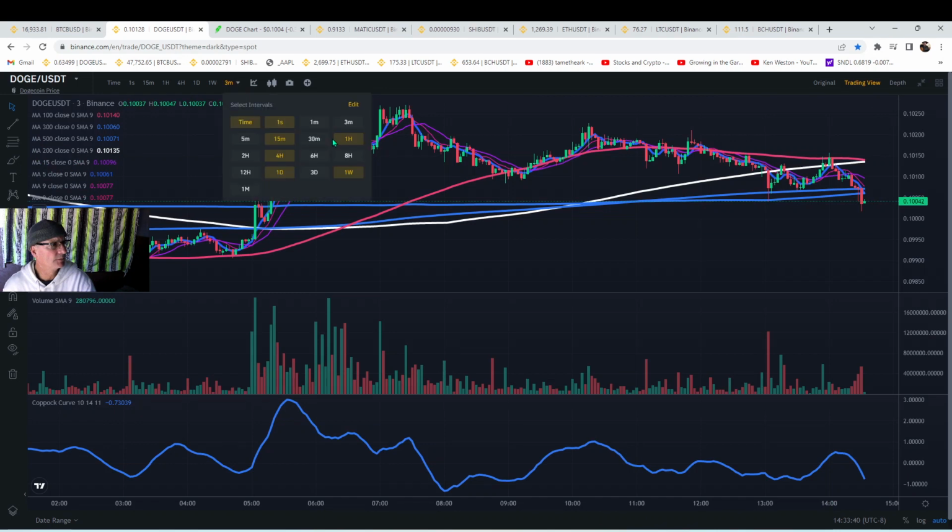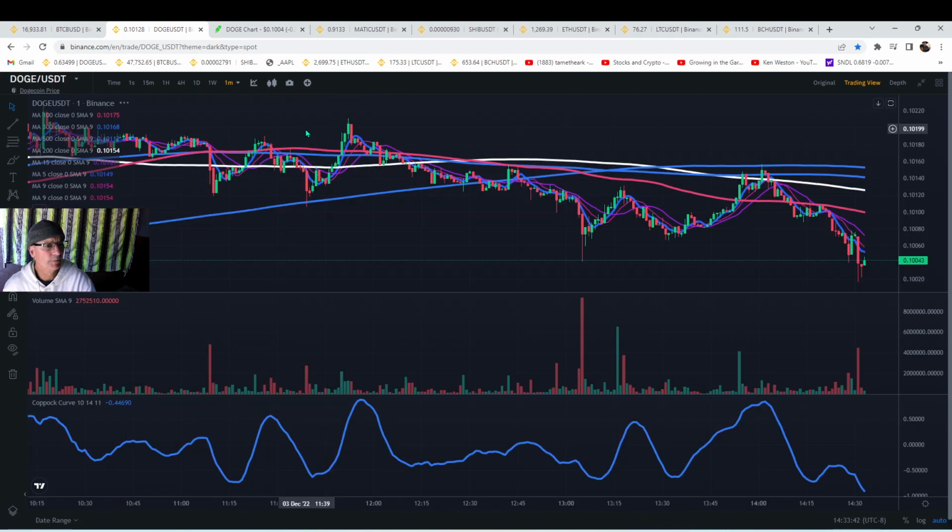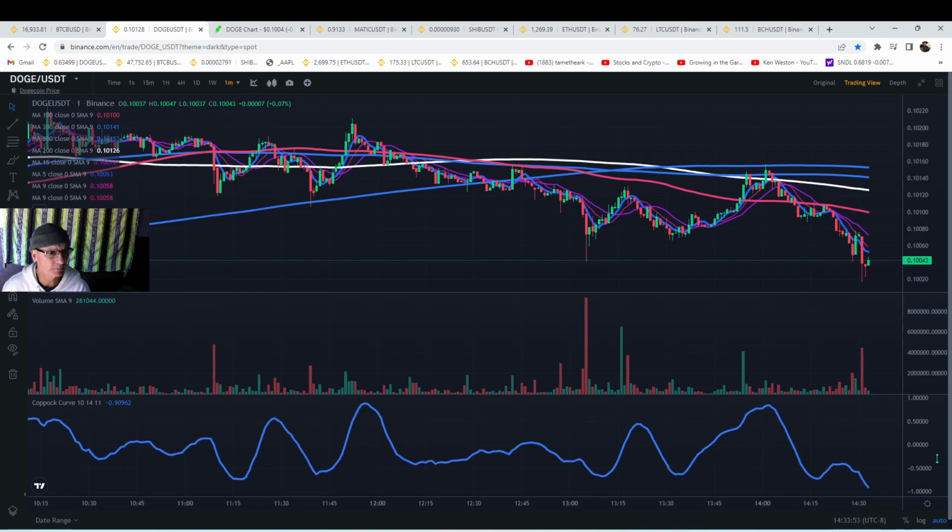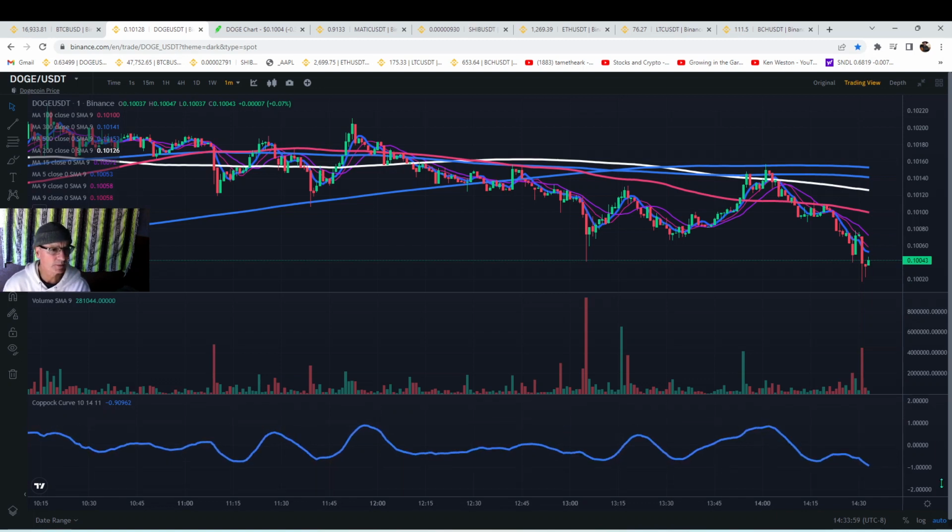It's like it's frozen. Yeah, that's how it should be right there. So there's Dogecoin, almost down to point. Oh, okay. Can adjust this bad boy. Oh, damn.